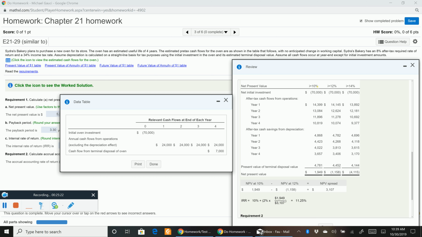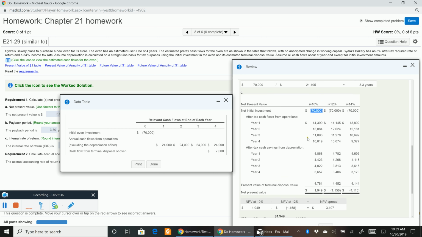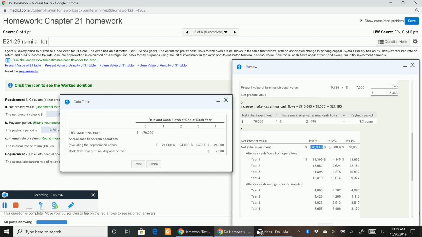In the 10% column, if our initial investment is negative $70,000, and we said here are our after-tax cash flows discounted for the 10% column. So if we take the 10% factors and multiply them by the after-tax annual cash inflows, we are going to get these numbers.